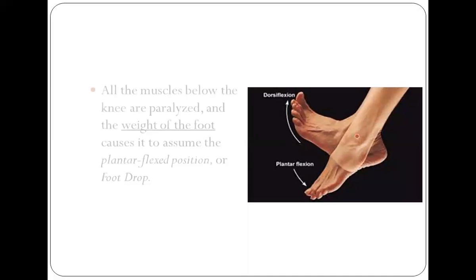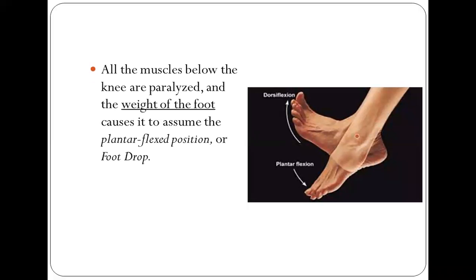So in people with the sciatic nerve injury, all the muscles below the knee are paralyzed. So gravity and the weight of the foot will cause it to assume a plantar flexed position, or foot drop. Now this will be more markedly seen when the patient tries to raise his lower limb off the ground. The foot will be plantar flexed.